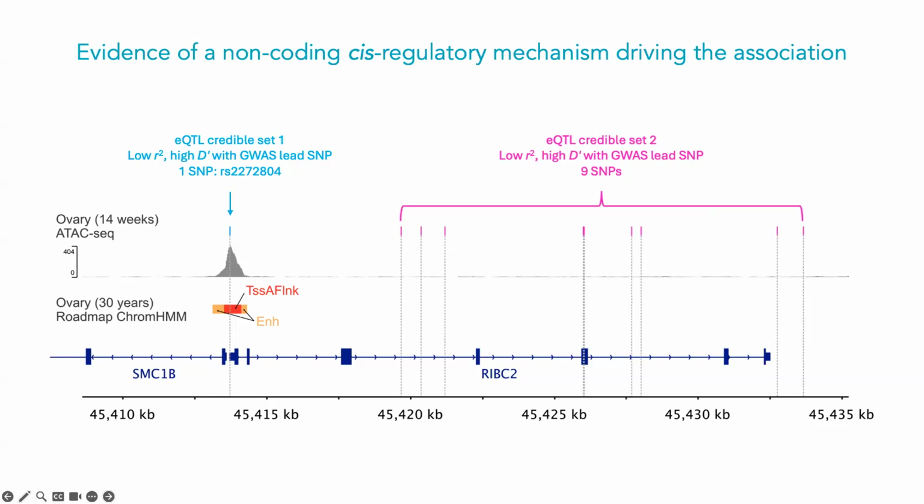One of the causal signals includes 9 candidate SNPs distributed throughout the downstream gene RIBC2. But the other credible set is fine mapped down to a single variant, and that falls right in the promoter of SMC1B within this open chromatin region that we can see in existing epigenomic data from ovaries.